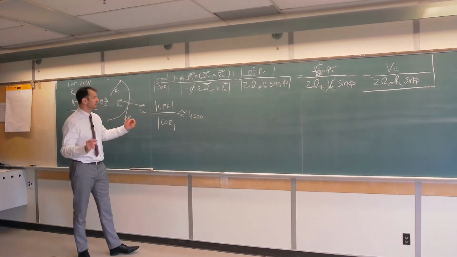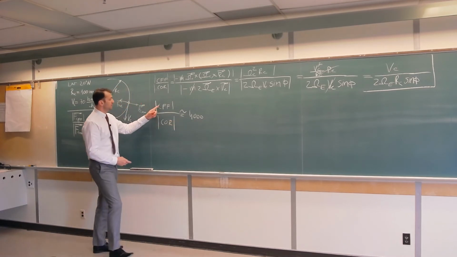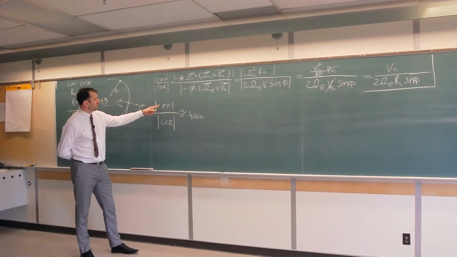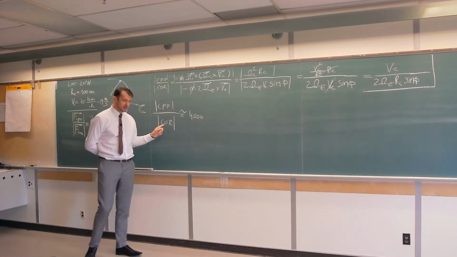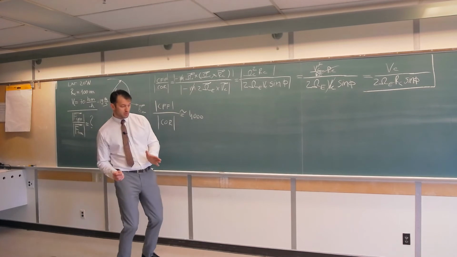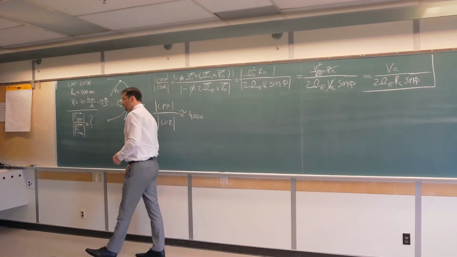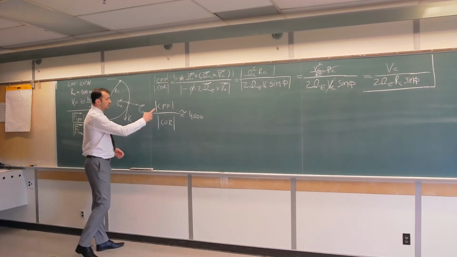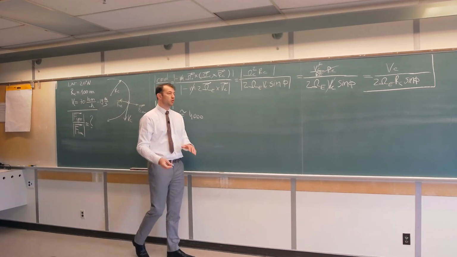If you calculate, you get 3,800 something, but let's say 4,000. That means centrifugal force is 4,000 times larger than Coriolis force. So when you are in your Range Rover and you make a sharp turn, the centrifugal force that you feel is 4,000 times the Coriolis force.